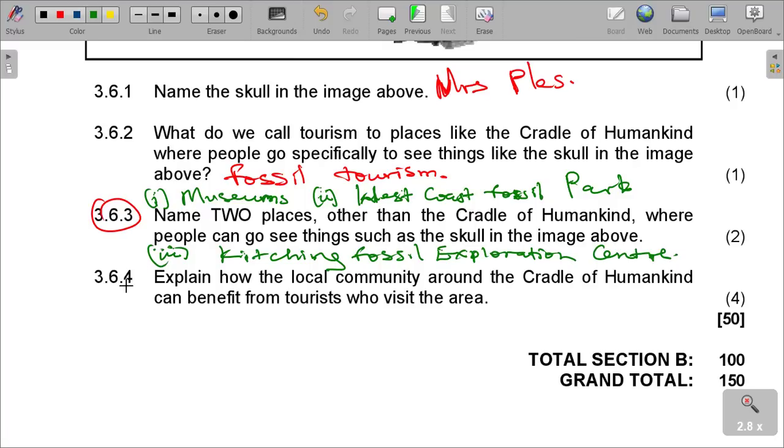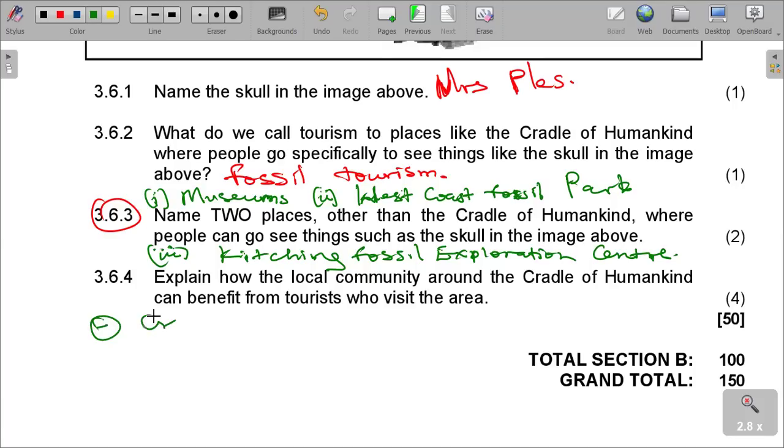the image. And then lastly, explain how the local community around the Cradle of Humankind can benefit from tourists who visit the area. There are quite a lot of answers that we can give here. One, tourists visiting the area create a need for jobs.